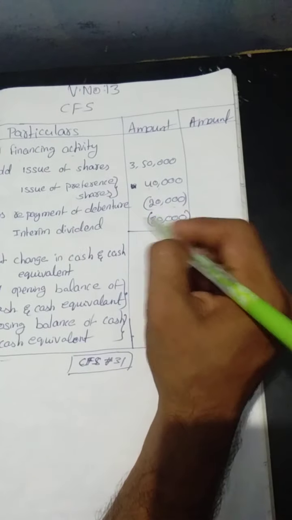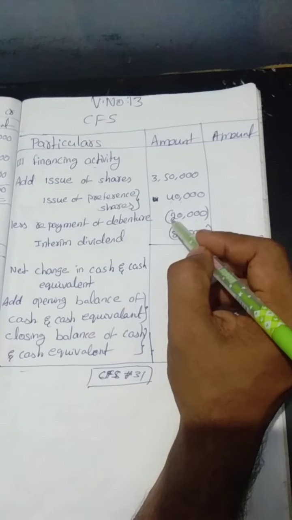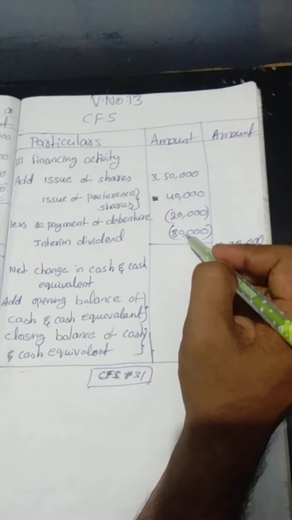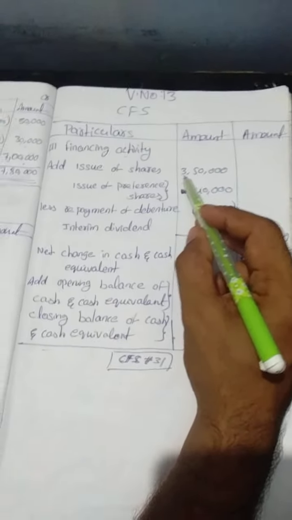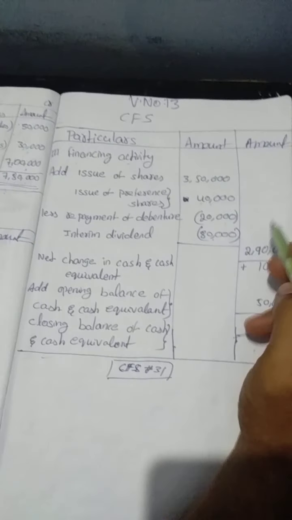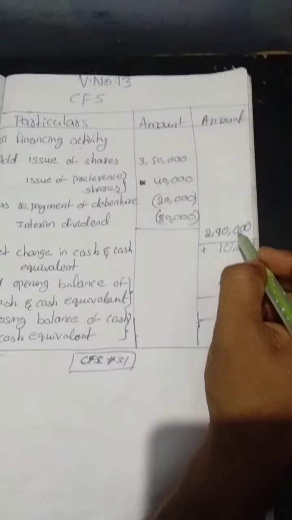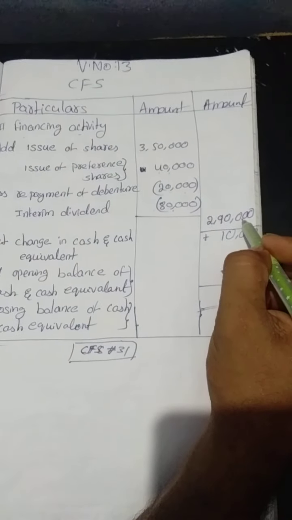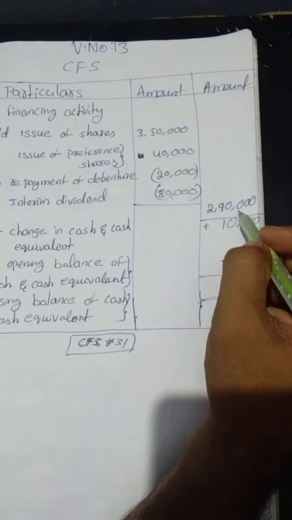So these two figures are negative, meaning we have to reduce them, which is why we put them in brackets. Their total is 1 lakh, and the other amount is 3,50,000. The difference is 2,90,000, which we record here in the outer box.